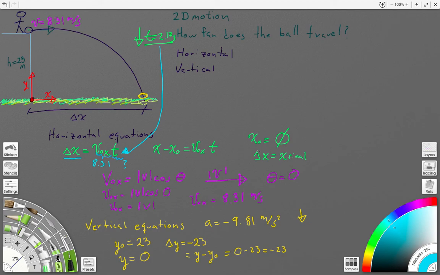So that is why we need to break down this problem into two distinct problems. The only variable that connects both movements is, and I'll put this in huge bright red color, time.